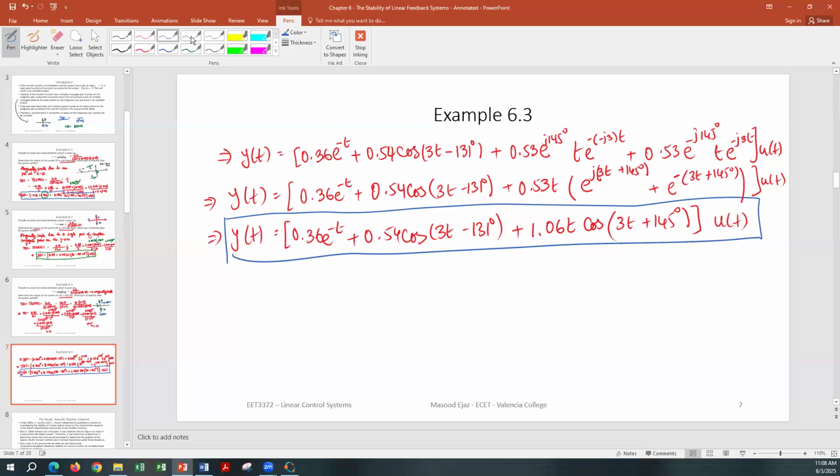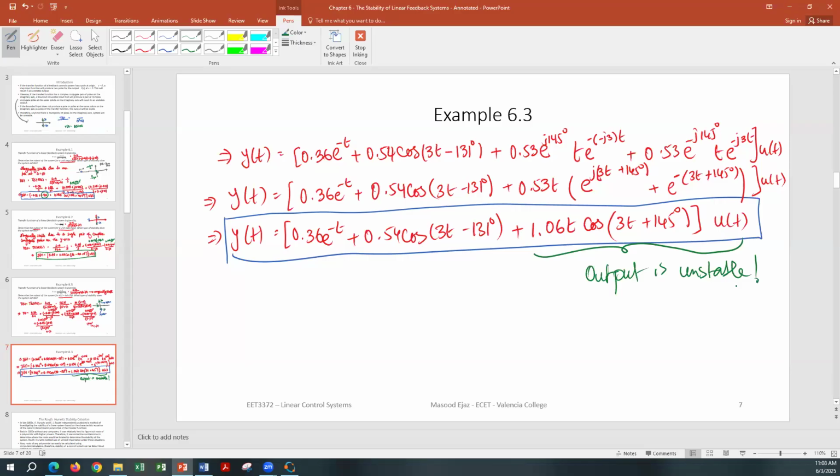Again, you don't have to do the whole derivation. Once you do it once, then you can always relate it: if your pair is 1 over s plus a squared, then how the output is going to look like, as we did for the sinusoidal signal. But because of this, the output is unstable. t is going to keep on increasing linearly, which will make the output unstable.